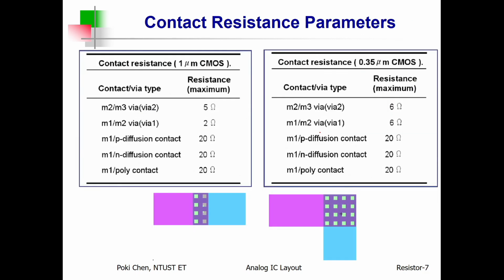That's it. Allow me to show some of the real values for contact resistance from 1 micron to 0.35 micron. You can see how many generations there are from 1 micron to 0.5, and then 0.35.